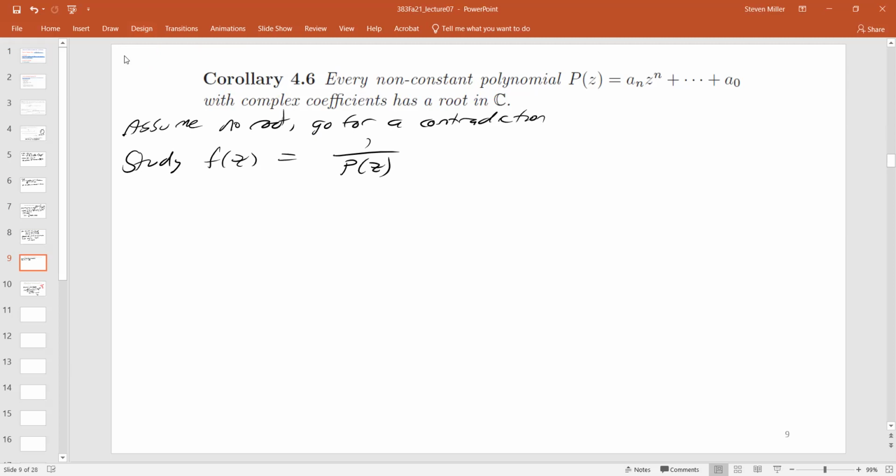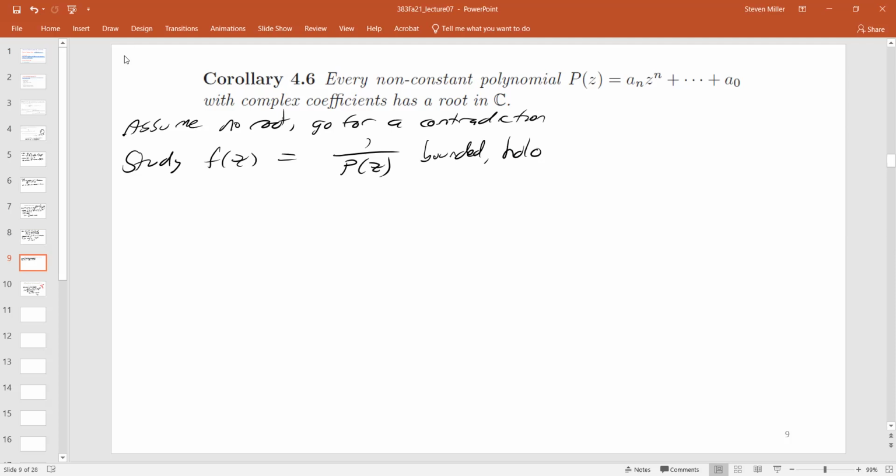What can you tell me about this function? It's bounded holomorphic. So you are correct. Of the two things you said, one of them is much easier to prove than the other. Which is the easy one to prove? Nope. So holomorphic.